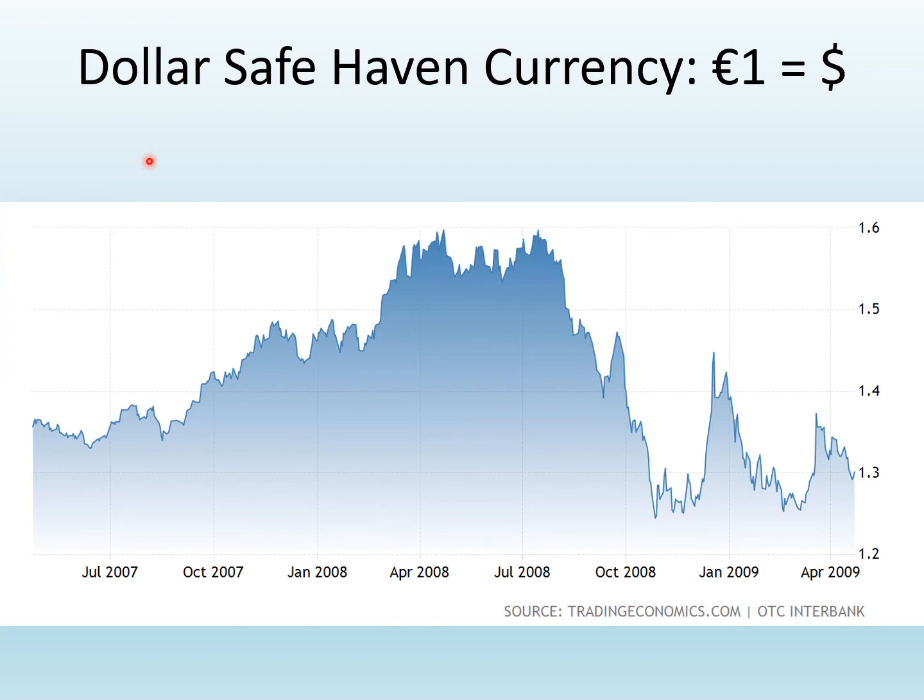So the purpose of this slide is to show you the dollar as a safe haven currency. If we start here, this is the period of the financial crisis, and it really starts in 2007, but the big moment of the financial crisis, when everybody realized just how bad it was, was the Lehman Brothers collapse.